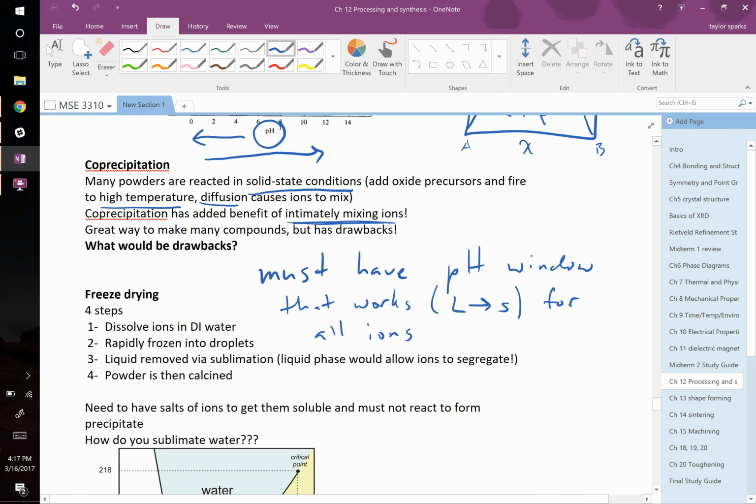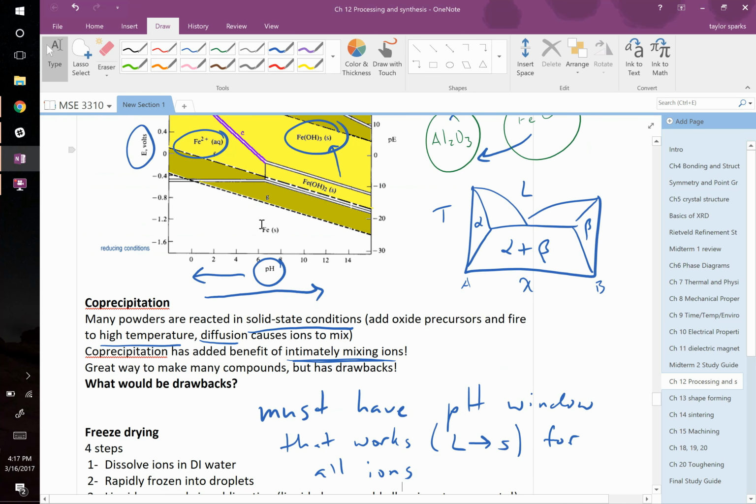And so this is a problem. Things like silicon do not get dissolved at low pH unless you go to extreme conditions. Generally, it's easier to dissolve silicon at high pH. But things like iron, they have to be dissolved at low pH. And when you try and turn it into a solid, you have to go to high pH. So finding the right window where you can get all your species to sort of play nice and all go from liquid to solid at the same pH can be challenging.